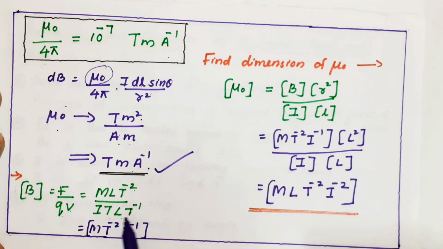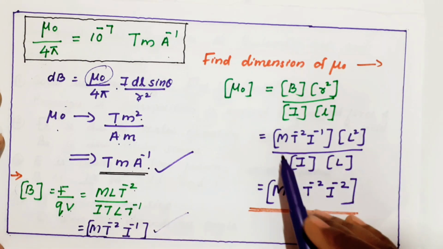V is velocity, LT minus 1. So if you arrange the terms, it becomes MT minus 2 I minus 1, because this T and T minus 1 get cancelled. This T minus 2 will be here, and I goes up and becomes I minus 1. So I got the dimension of B: MT minus 2 I minus 1.